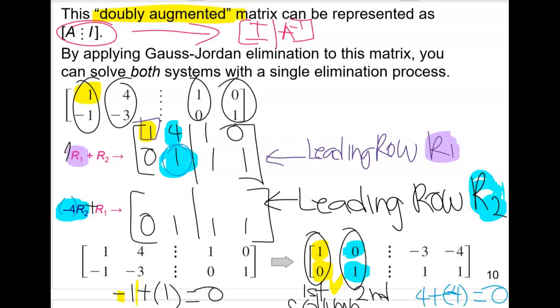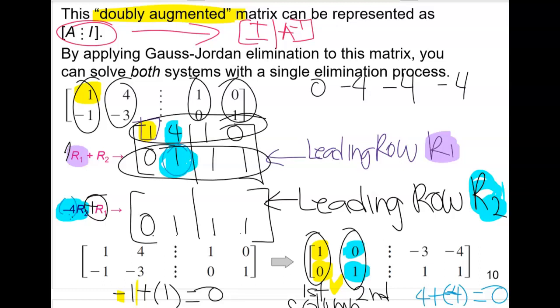So if we multiply -4 times row 2, this one, we will get -4 times 0 is 0. Then -4 times 1 is -4. Then -4 times 1, again -4, and -4 times 1, -4. Then we're going to add row 1 from the previous step. So I'm just going to write it here, 1, 4, 1, 0.